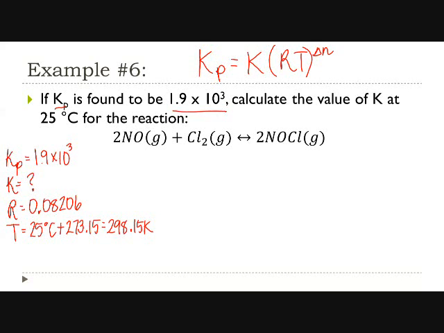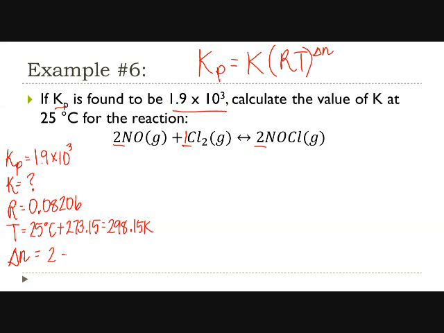Okay. And then the last thing you have to do before you just plug in and solve is you need to figure out the change in N. So for the change in N, product minus reactant, looking at the total coefficients. Okay. So we only have one product, so that's just going to be 2. If we had another product, you'd have to add that together, but we don't.